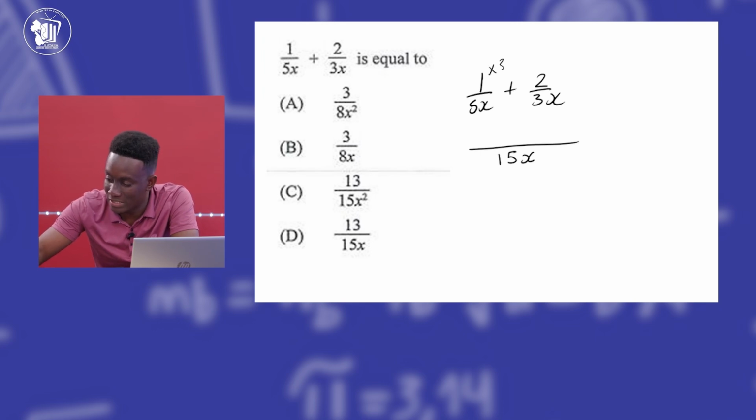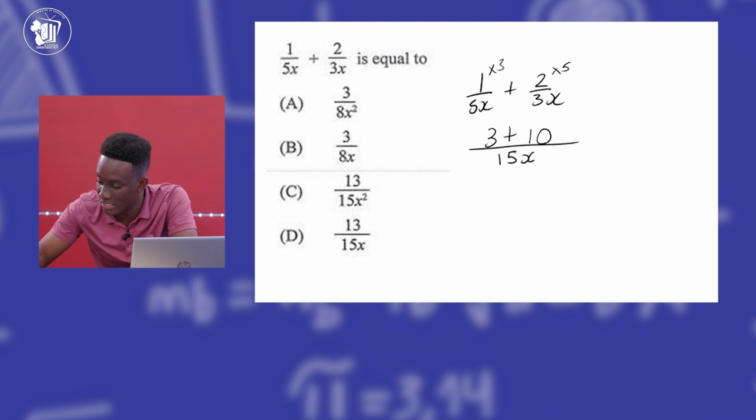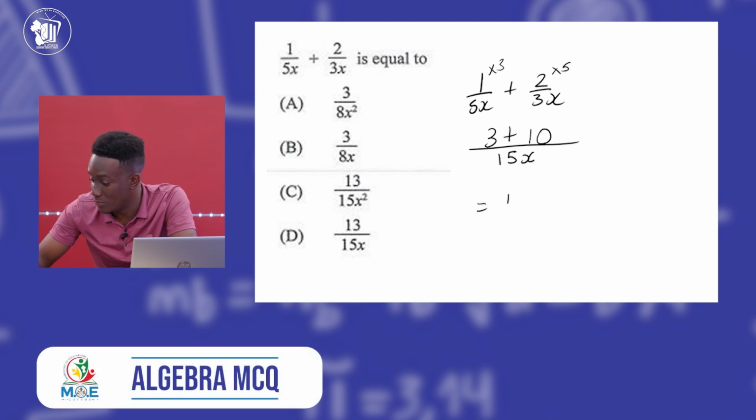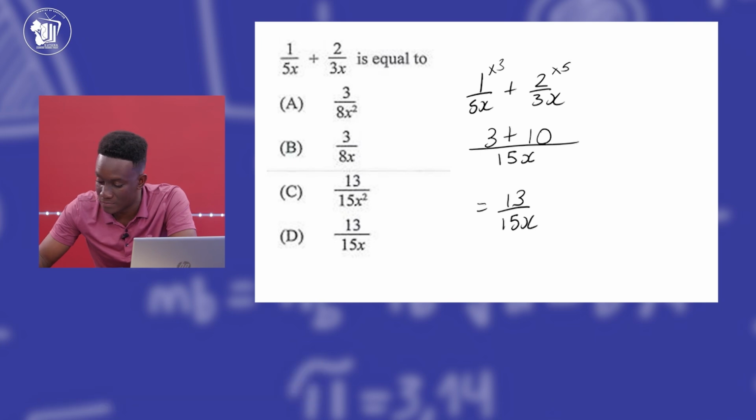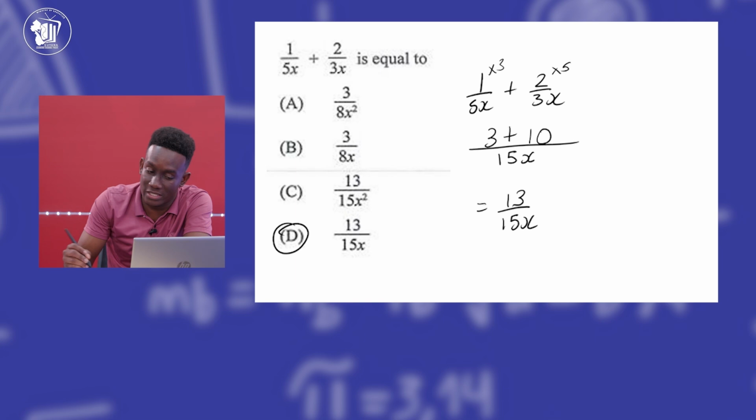So I multiply that answer here. So this will be 1 times 3 is 3 plus 15x divided by 3 is 5. I multiply that answer there. So 2 times 5 is 10. So 3 plus 10 would give me 13 over 15x. So 13 over 15x would simply give me D as the answer.